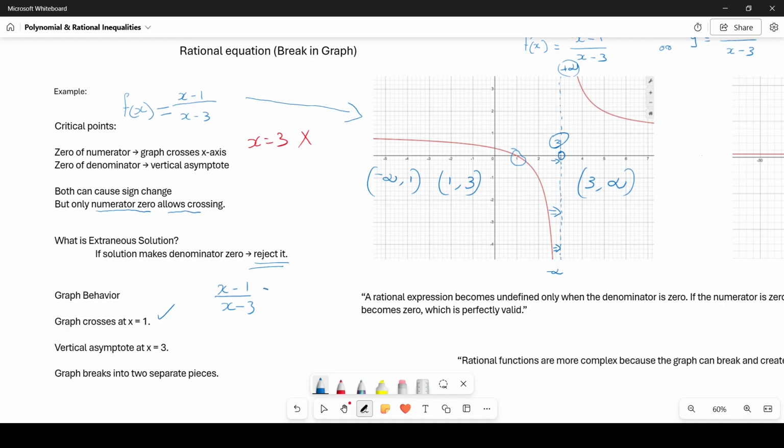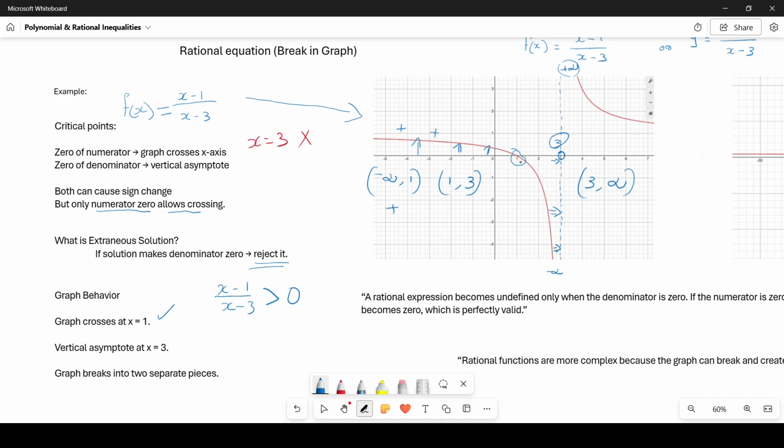Assume the inequality we are putting here is greater than 0. I mean we need to consider only the values of x which make the equation positive. The negative values we need to neglect. Only the intervals which give positive values. From minus infinity to 1 is a positive y value.